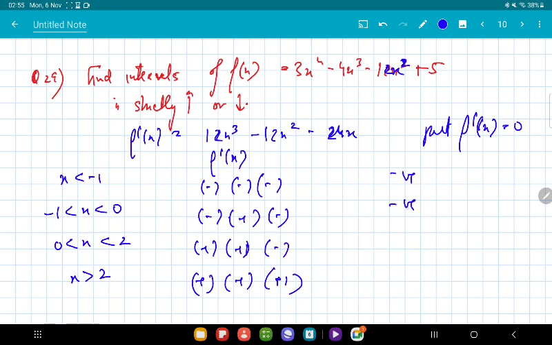So negative, positive, negative, positive. This is the sign of f dash of x.